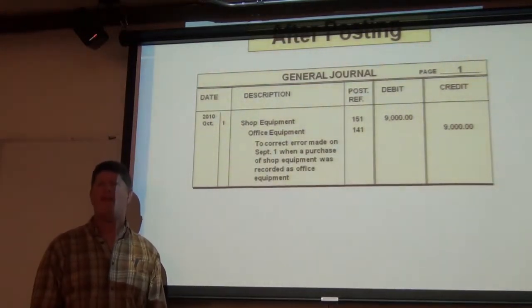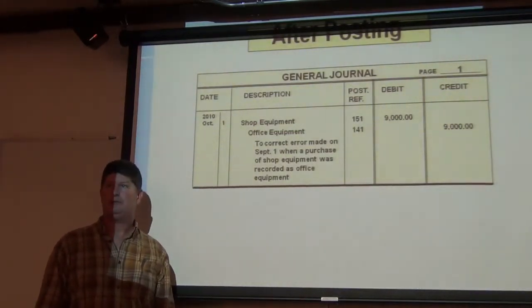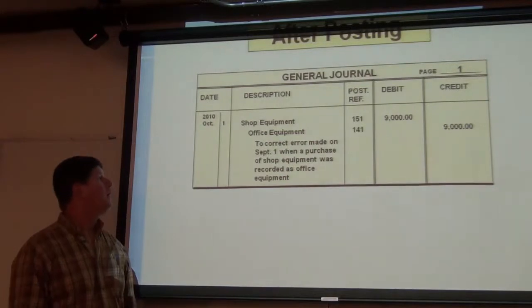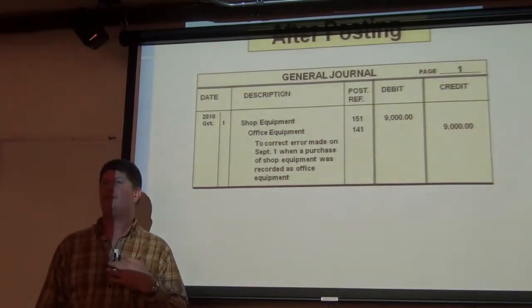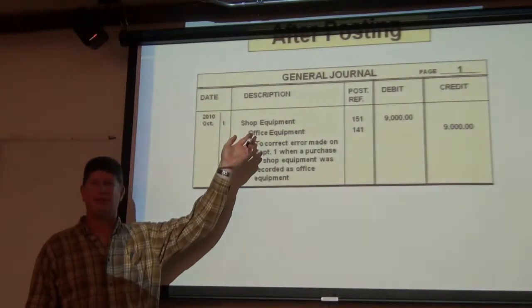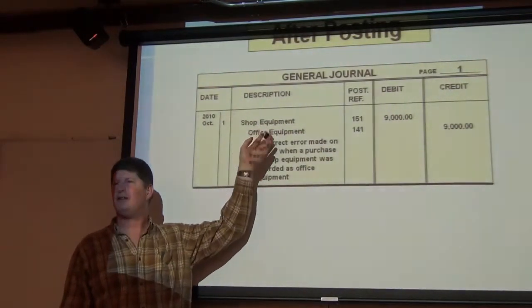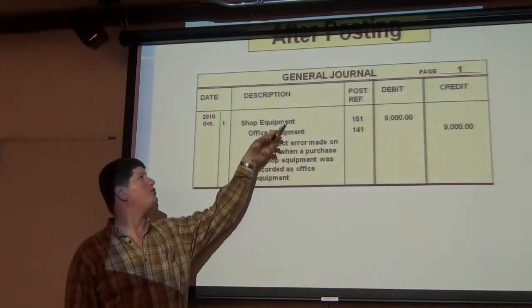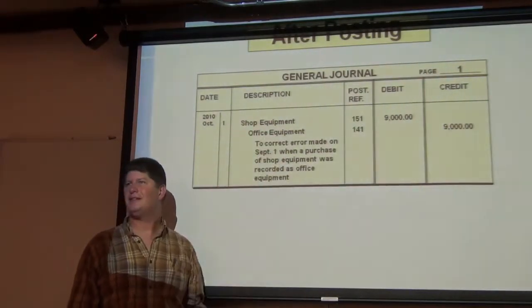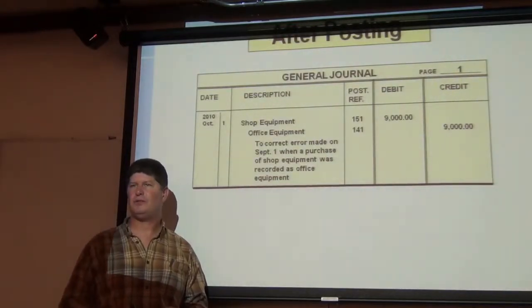Okay? Now I'm going to just throw in a little bit of my experience here. I have a belief. This is easy. You can do this. There's one debit and one credit. In the real world, you will have entries where there are many debits and many credits. And if you go back and you try and just change one like this, it can snowball on you and become more confusing.